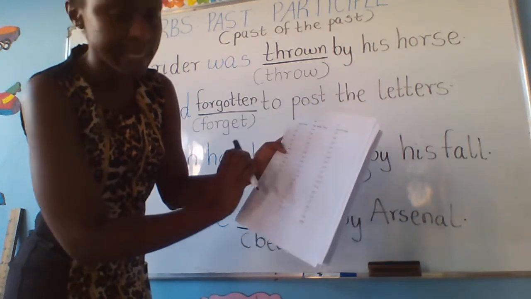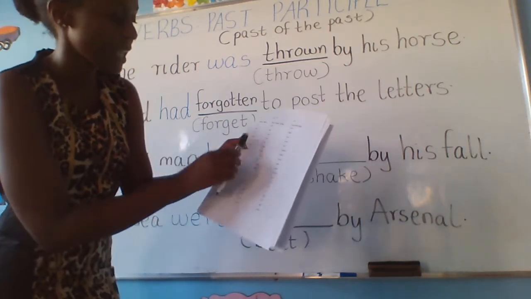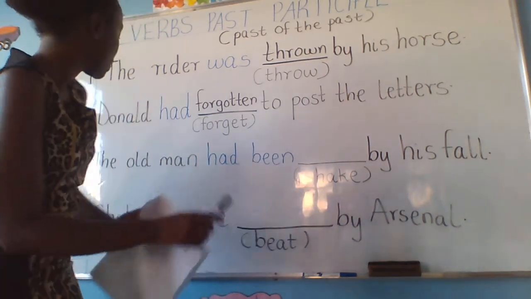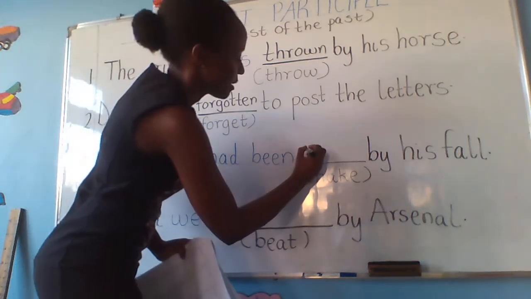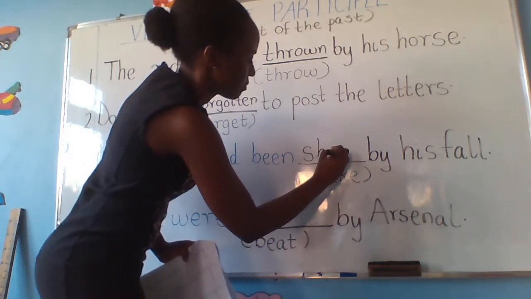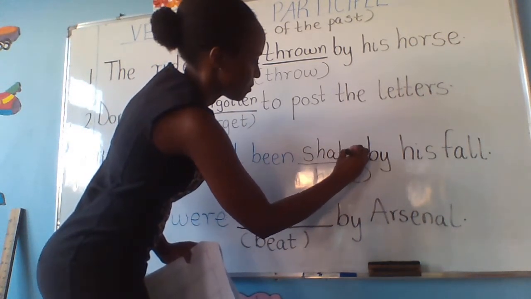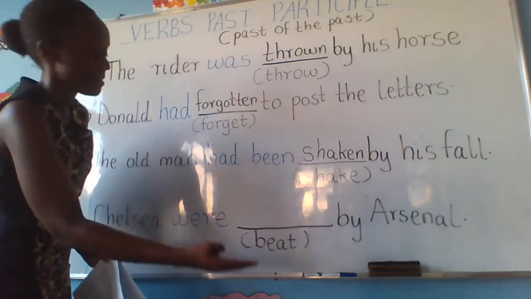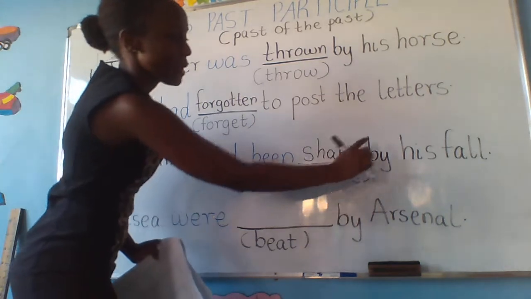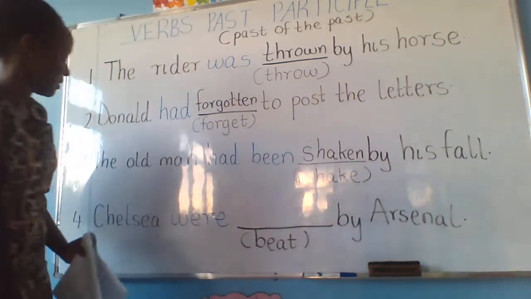Past simple tense, it remains the same. Shake, shake, shaken. So, the old man had been shaken. Had been is the helping verb. Had been shaken by his fall.